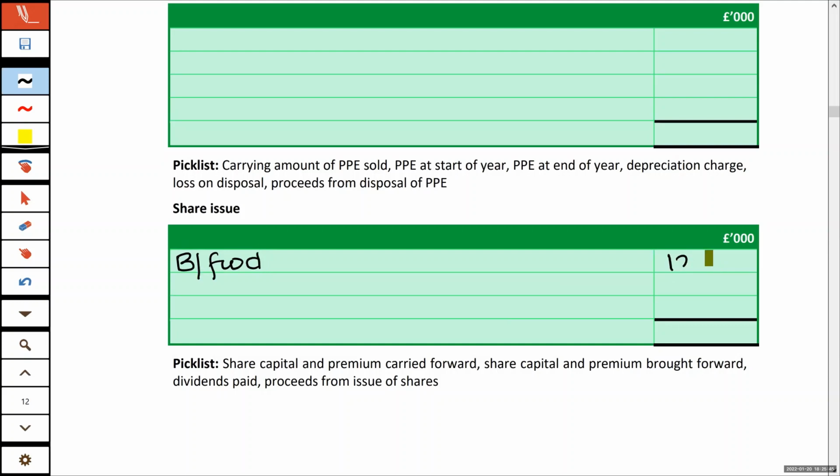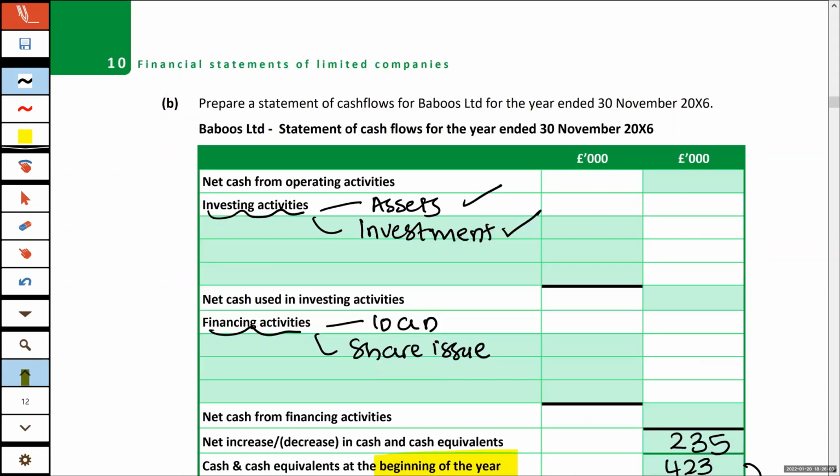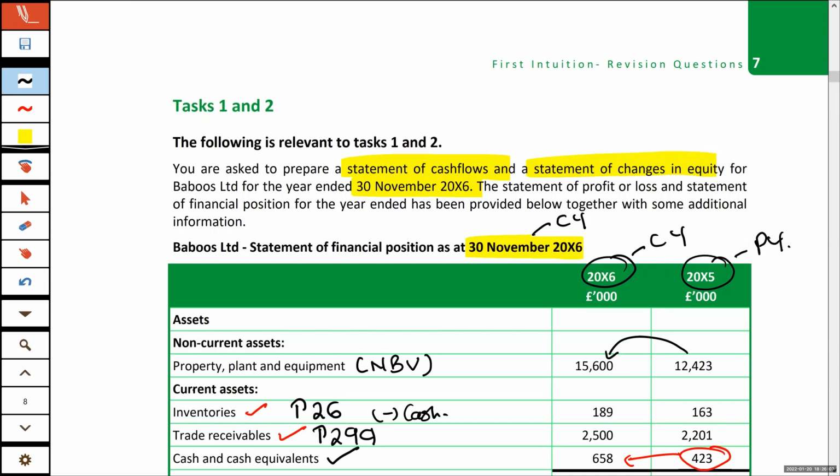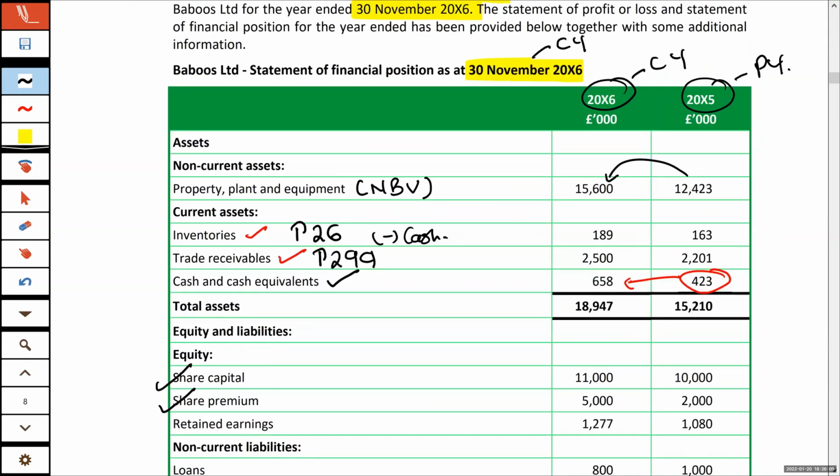That's my share issue and share capital and my share premium together, and my carry forward 16,000. And that takes care of these two as well.